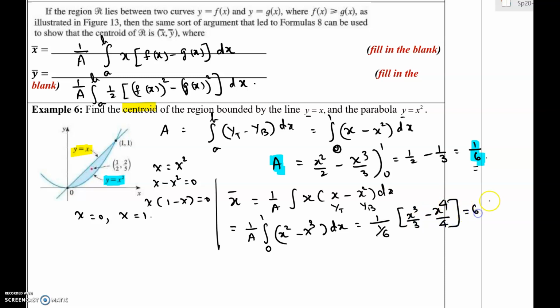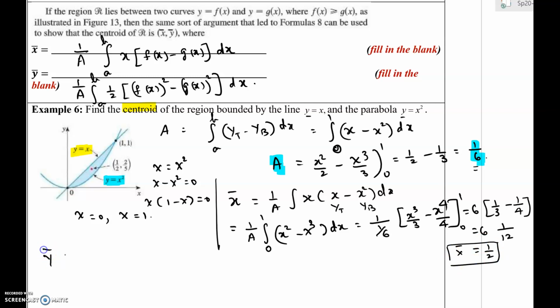So it is 6 times 1/3 minus 1/4. This will be 4 minus 3, which is 1 over 12, so 6 times that is 1/2. So x bar is just 1/2.